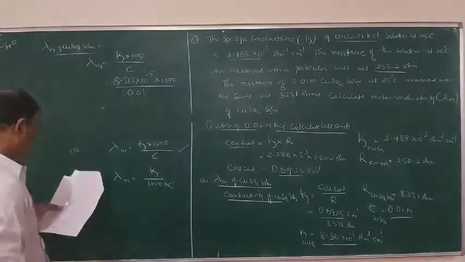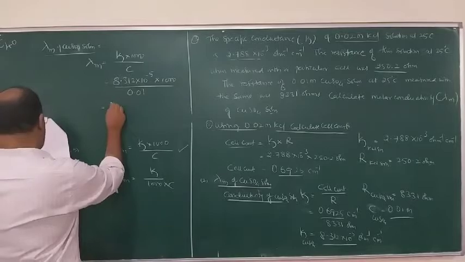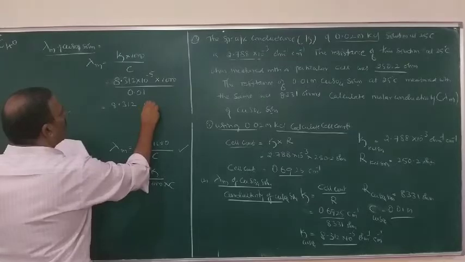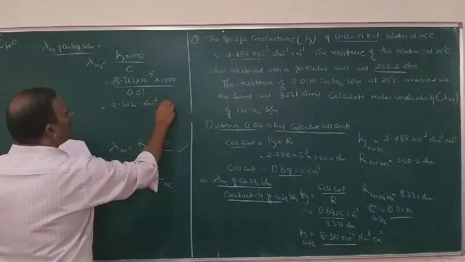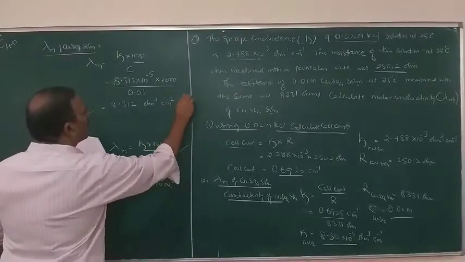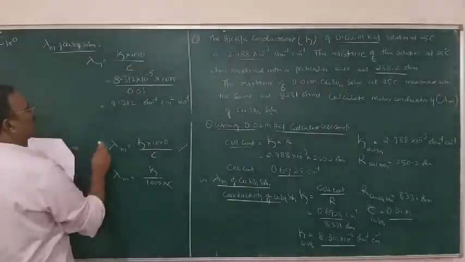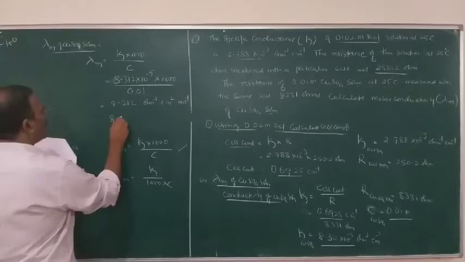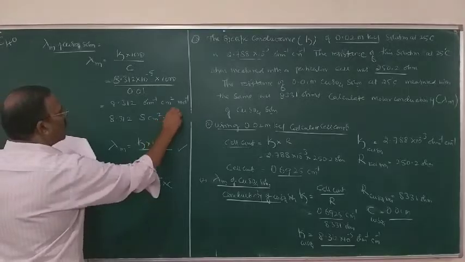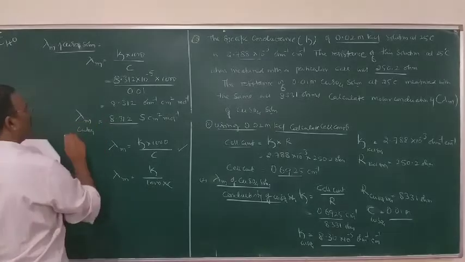So this is equal to 8.312 ohm minus 1 centimeter square mole minus 1. So this is lambda m in CGS unit, or 8.312 Siemens centimeter square mole minus 1. So this is lambda m of CuSO4.